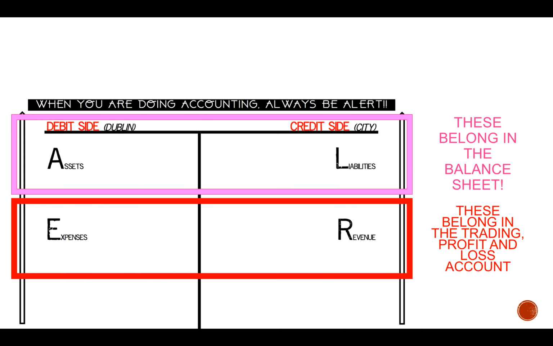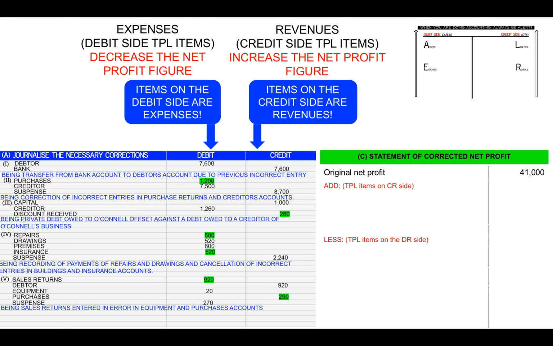Let's remember again, only our expenses and revenues go into the trading and profit and loss account. Items on the debit side of the trading and profit and loss are usually expenses, but it could be a revenue being reduced as well. Either way, our TPL items that are on the debit side are going to decrease the net profit figure.